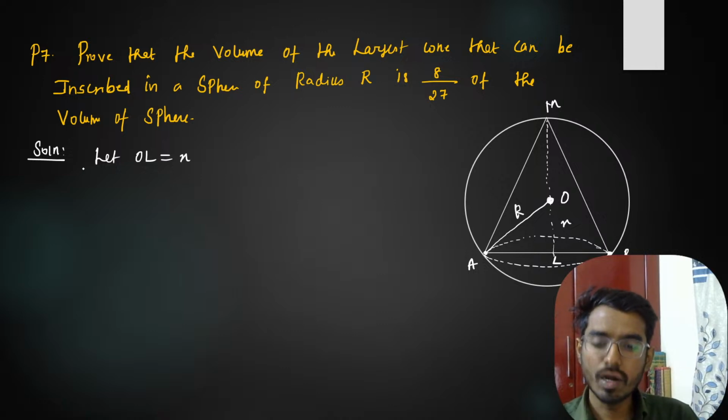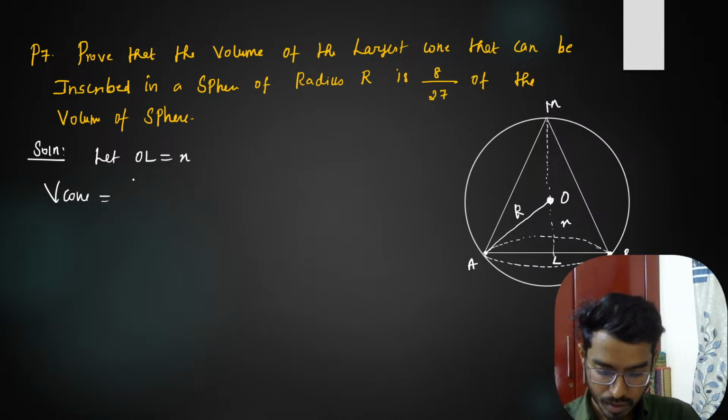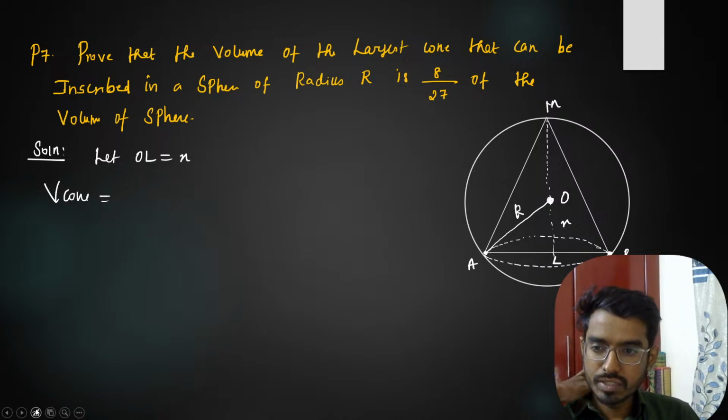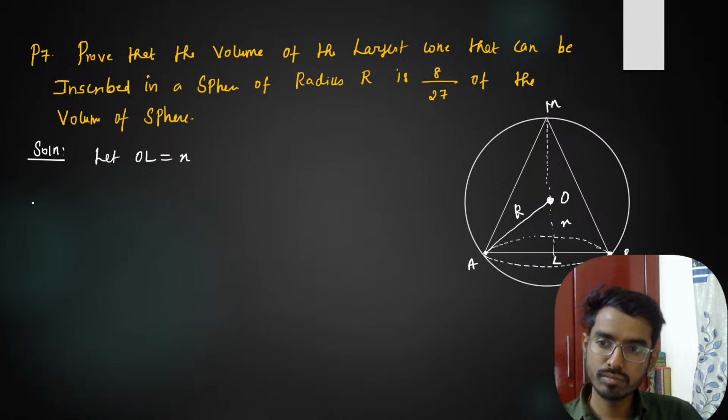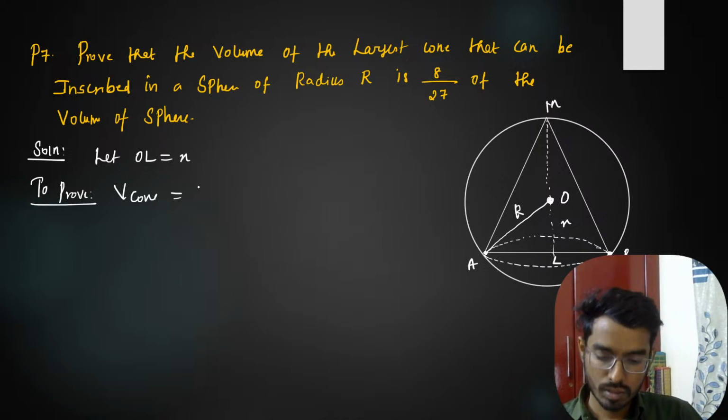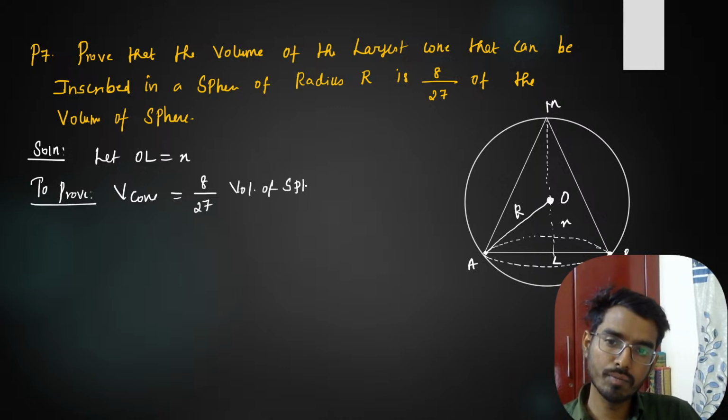Now what we need to prove? We need to maximize the volume of cone. So what is volume of cone? Actually, what I need to prove is that volume of largest cone is equal to 8 by 27 of volume of sphere. This one I need to prove, right?